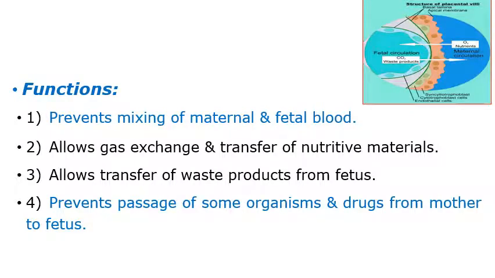The function of the placental barrier is to prevent the mixing of maternal and fetal blood, so it prevents the passage of some organisms and drugs from the mother to the fetus. And it helps in gas exchange and transfer of nutrition and transfer of the waste products from the fetus to the mother.